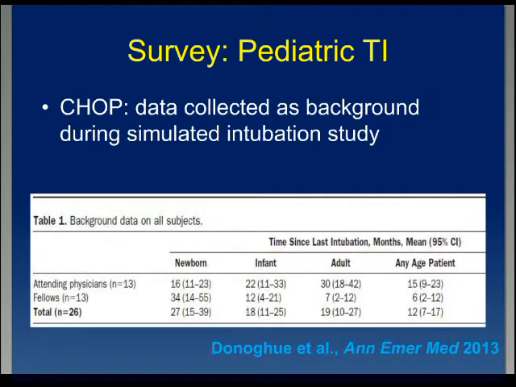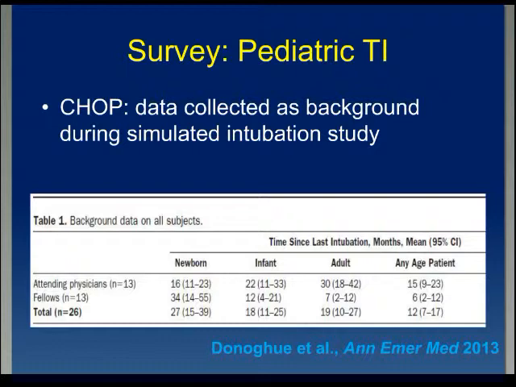We had a recently published study from our simulation lab looking at intubation performance using video laryngoscopy among emergency medicine physicians. As a part of that study, we asked some background data just to control for intubation experience. You see in the rightmost column there, among pediatric emergency medicine attendings and pediatric emergency medicine fellows, we asked them how much time had gone by since their most recent intubation in age categories: newborn, infant, and adults.